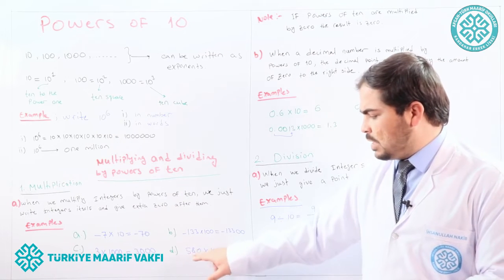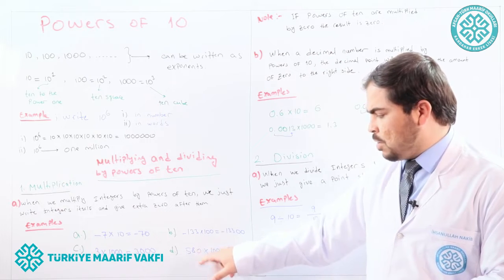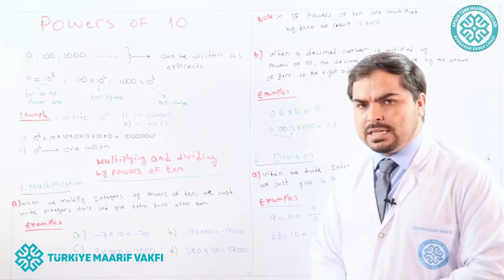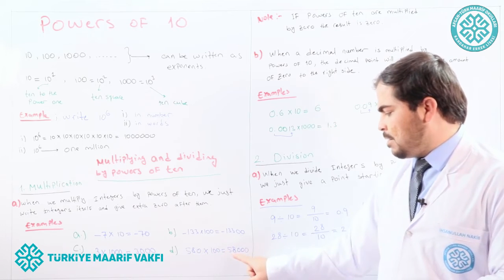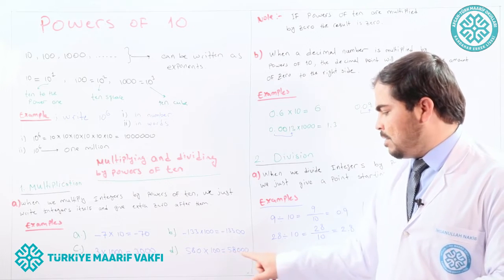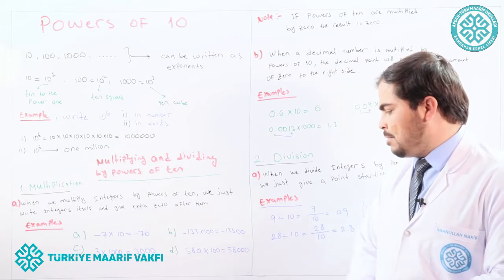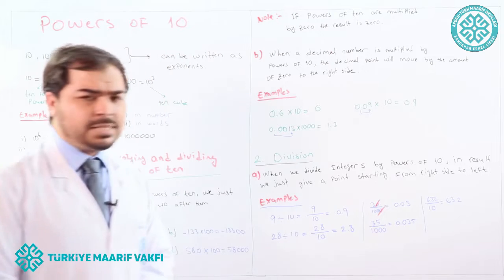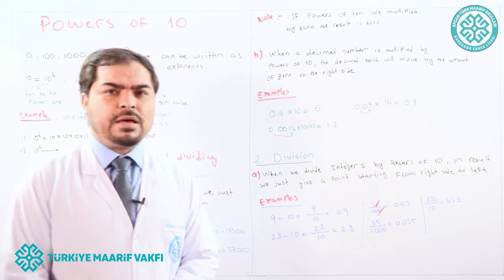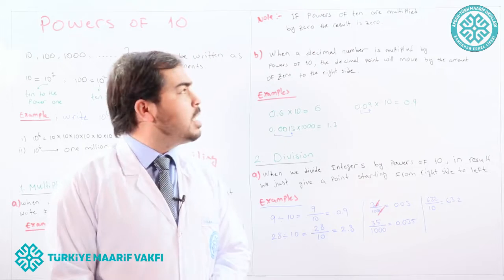Here we have a number which already has a 0, so we are not considering that 0. We are just looking at the zeros of the power of 10. So we write 580 and then give 2 zeros to it. It will become 58,000.